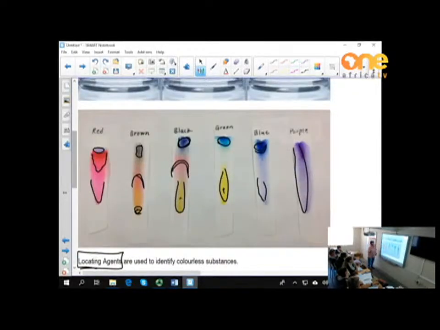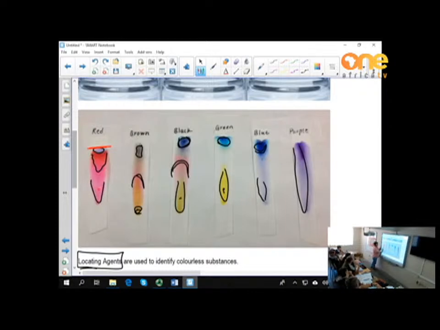Let's say we want to get the RF value for this pink color. Because the spots spread and elongate, we will work more or less from the center of the spot, so that we can do it consistently with all the spots. So how would I figure out the RF value? All of the spots probably started over here on a line.